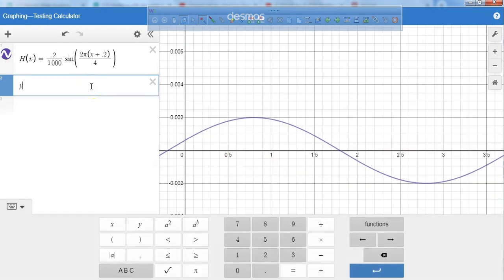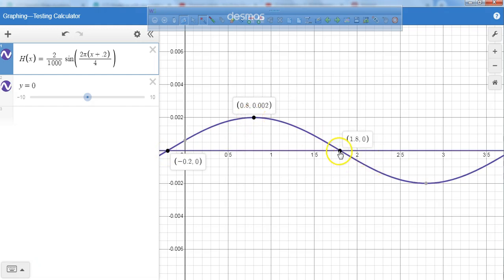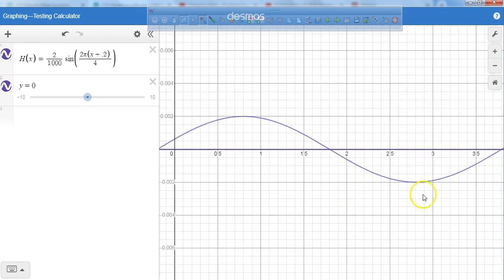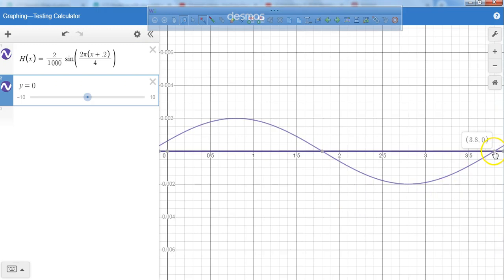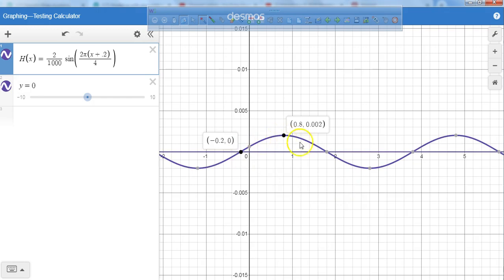If I put y equals 0, you'll see it starts at negative 0.2. It goes up, and you can clearly see our midline is right there at 0, and it finally finishes right there. I'll zoom out just a bit so you can see it easier. There's where it starts, there's its maximum, there's its midline, there's its minimum, back to the midline.